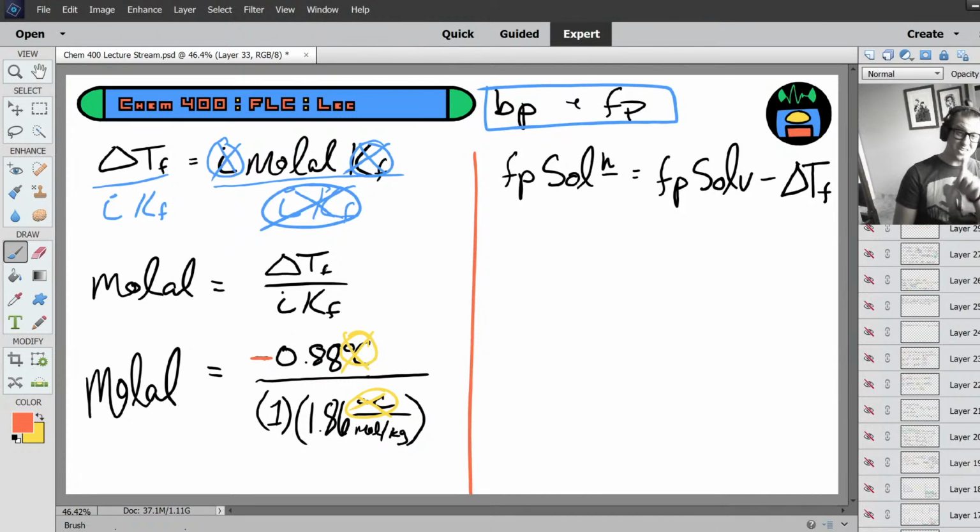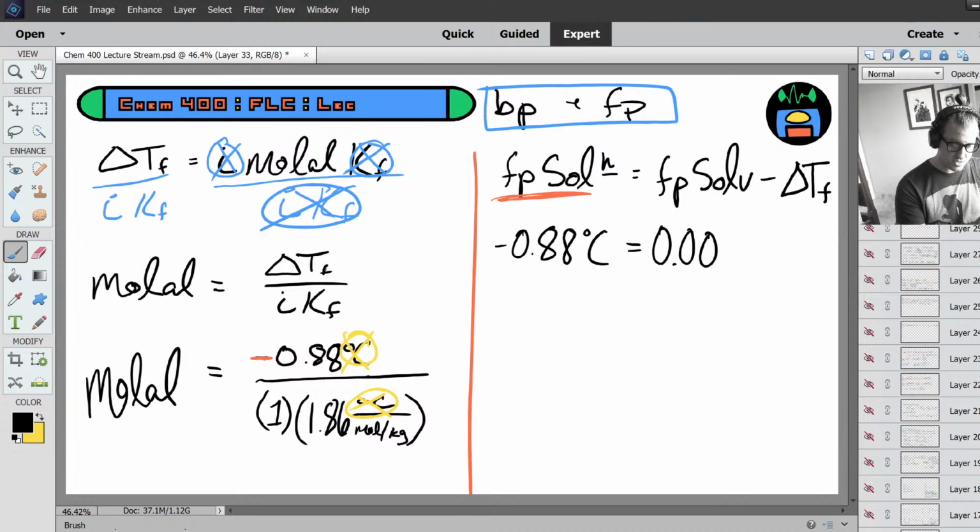I wasn't given the delta Tf. I was given the freezing point of solution. This is what I was given. This is the negative 0.88 degrees Celsius. And that equals the freezing point of solvent, which is 0.00 degrees Celsius, minus the change in freezing point.